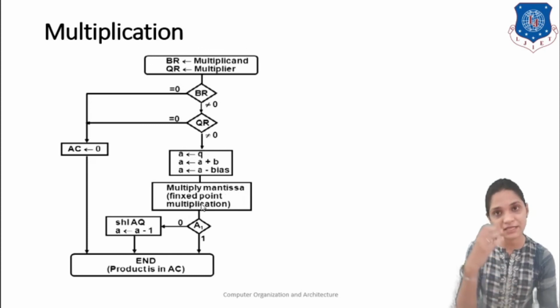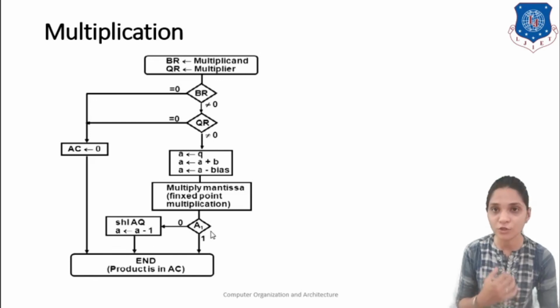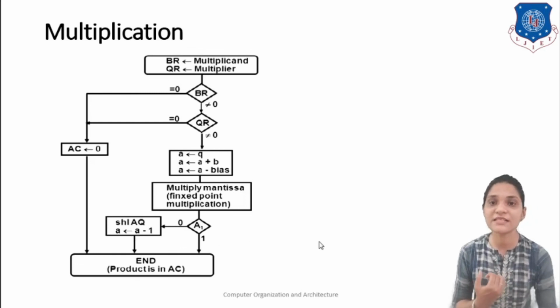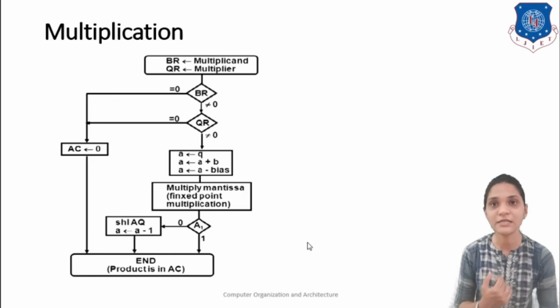After the multiplication operation you have to check for the A1 bit. For the normalized operation, A1 should be 1. If it is not 1, then do the shifting operation and make it 1. So this is the basic multiplication operation for floating point numbers.